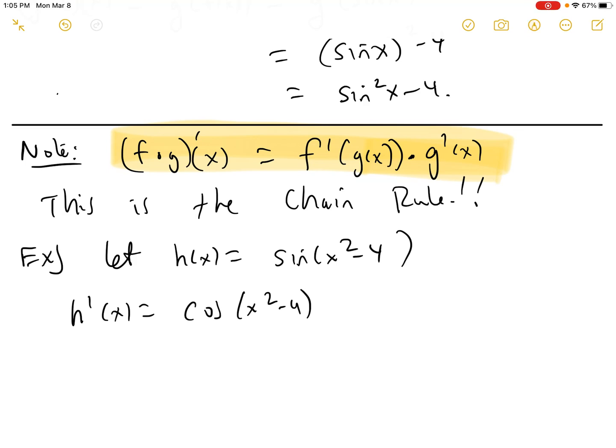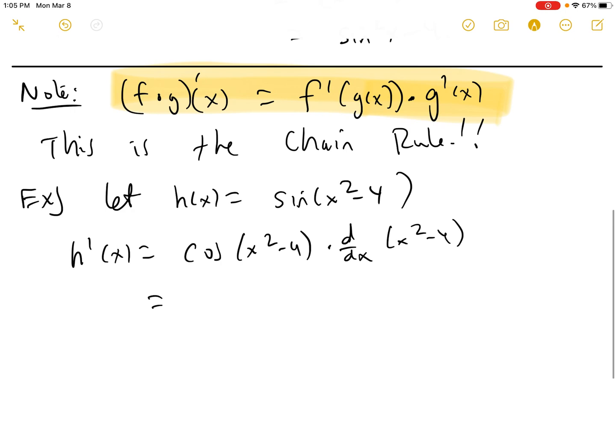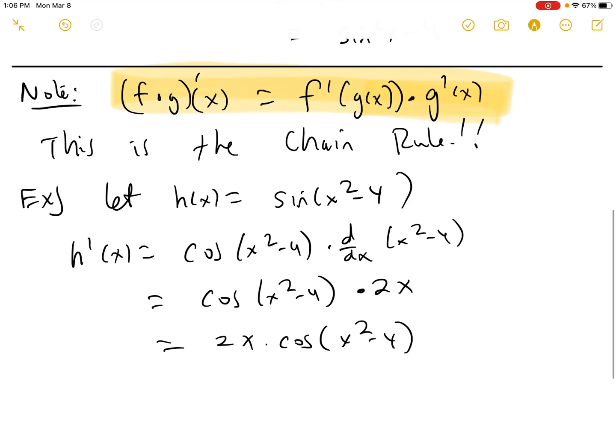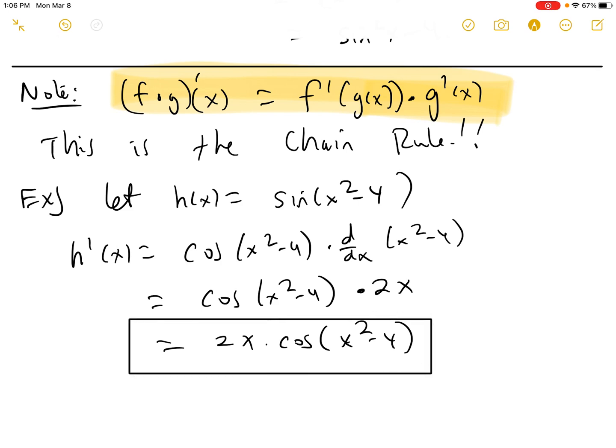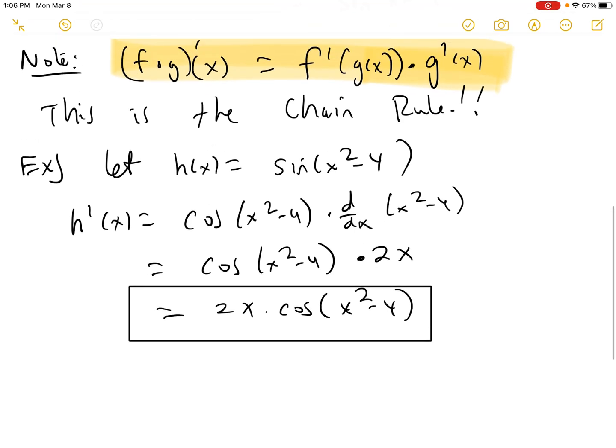So now we've done outside in times the derivative of x squared minus 4, and this becomes the cosine of x squared minus 4 times 2x, and we always put polynomials out front. And there it is. So you always want to think outside in, outside in. The outside function in this case is sine. The inside function is x squared minus 4.